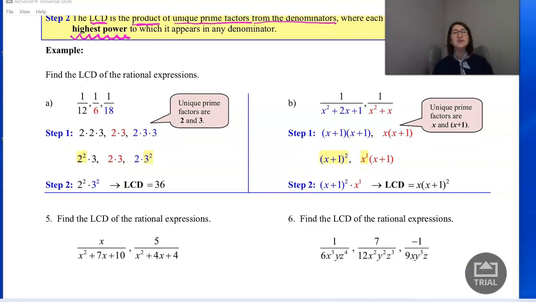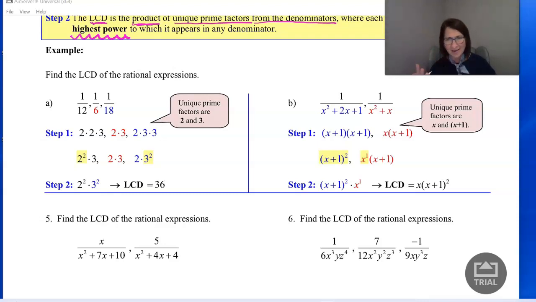All right, let's look at just fractions that have regular numbers before we look at rational expressions. So 1/12, 1/6, and 1/18. We're going to first take the 12, and when we break it down into its prime factors, that leaves us with 2 times 2 times 3.